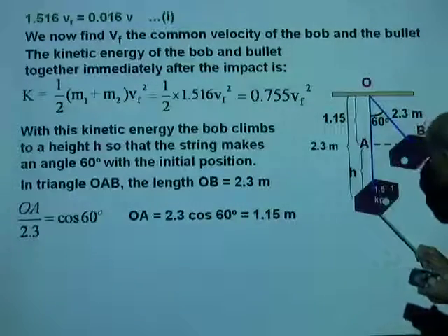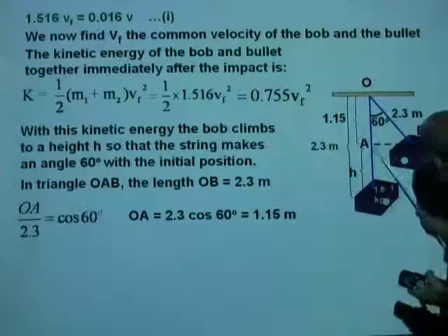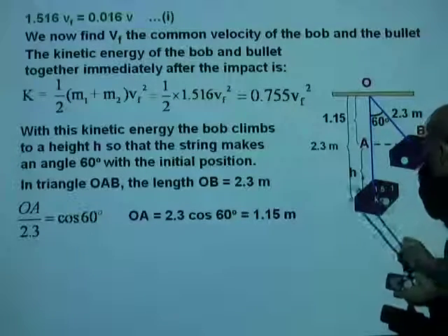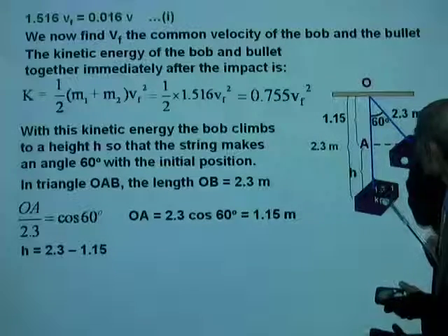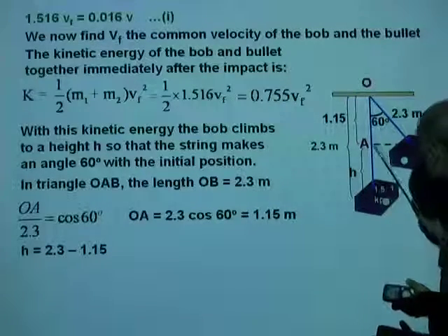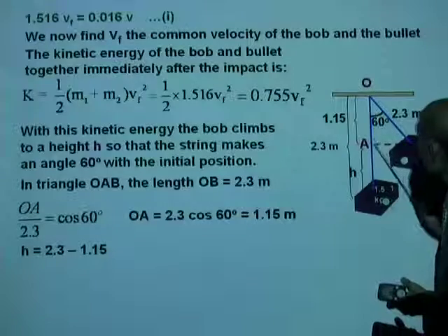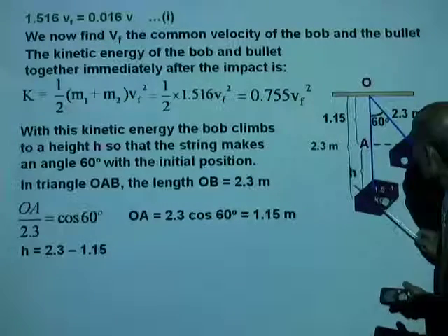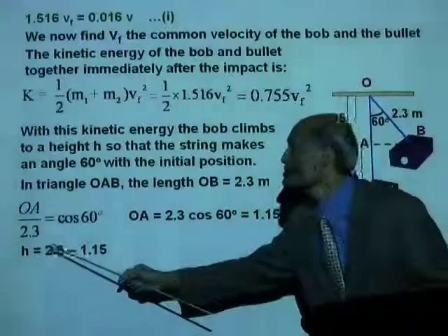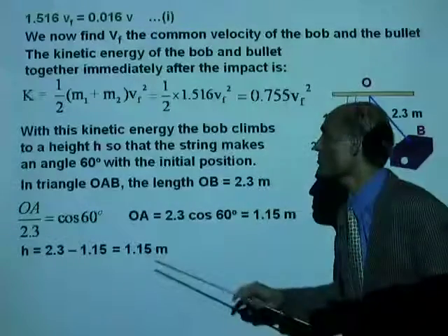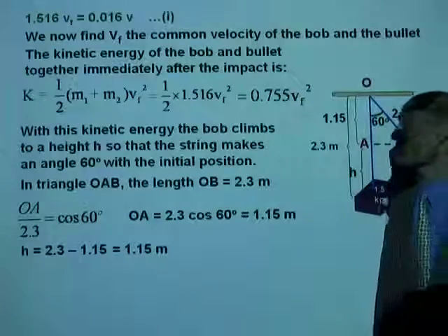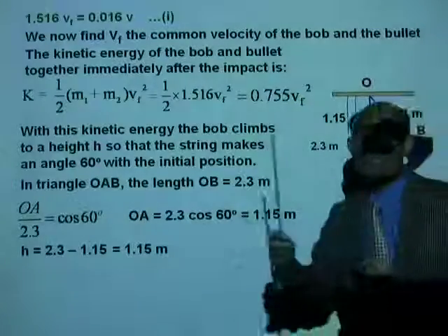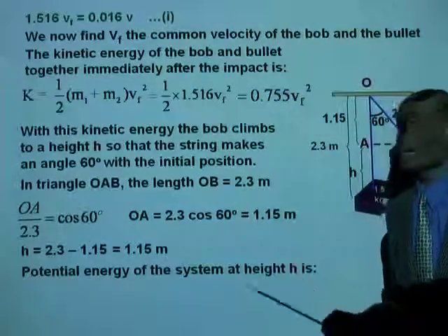When the pendulum is hit, it rises, and this is the vertical height h. That h is the whole length, 2.3, minus OA, 1.15. That is 1.15 meter. So the system has been raised to that height.